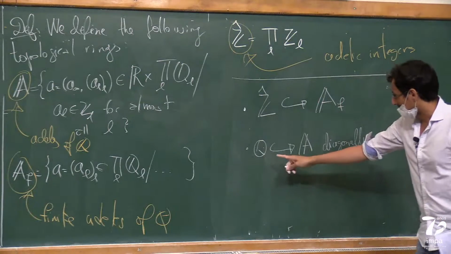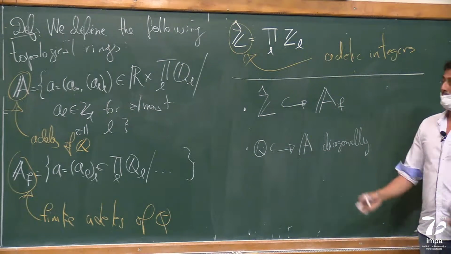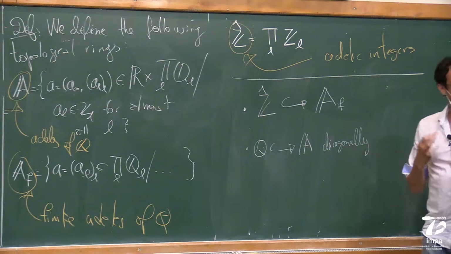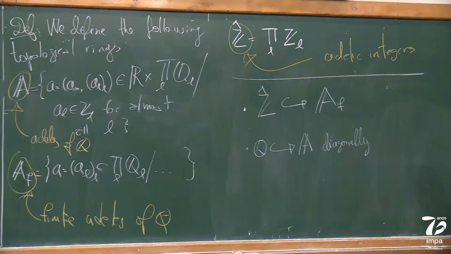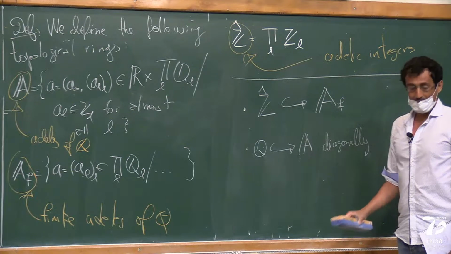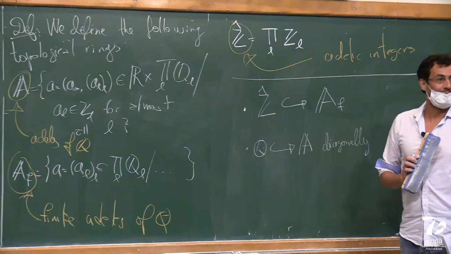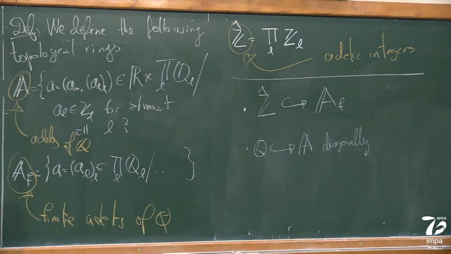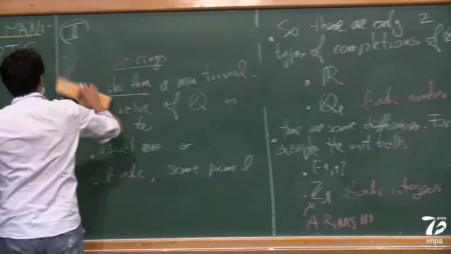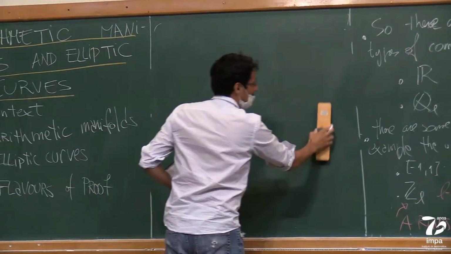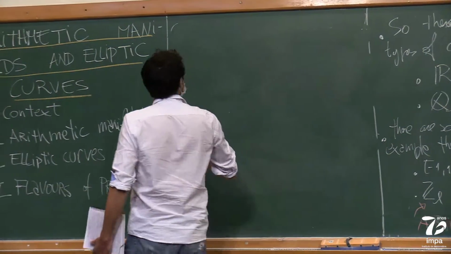But when you look at it inside of this huge ring, it is closed. So it's a big difference. And in fact, I think it's discrete inside of that. Okay, so that is some rings. Now let me introduce finally what an arithmetic manifold is, and give you an idea of the situation.